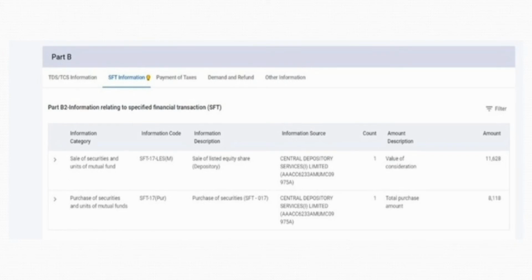Everything you can see. And SFT transactions, like your Specified Financial Transactions, sale of securities and units of mutual fund, purchase of securities, etc. You can get most of the investment based information from this portal. So overall, in the income tax portal, you can see the Annual Information Statement as well as the Taxpayers Information Summary.